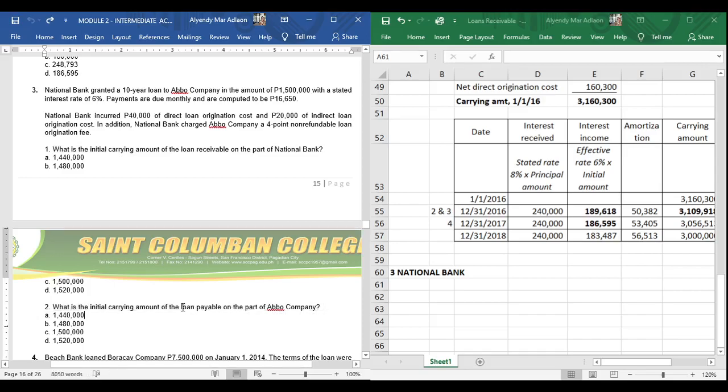So this includes loan payable. National Bank lent, ABO borrowed, so how do they each recognize it?